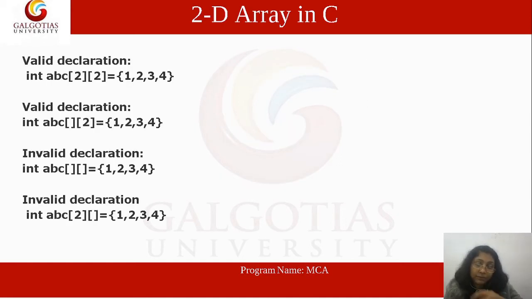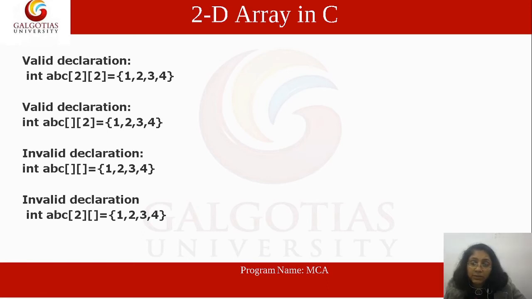In the first case, I am initializing by providing both the size for the first dimension as well as the second dimension. So ABC[2][2]: here 2 is the size for the first dimension and 2 is the size for the second dimension, and accordingly we are initializing with 1 2 3 4. As I mentioned, you can avoid writing the size for the first dimension. However, it is compulsory to write the size for the second dimension.